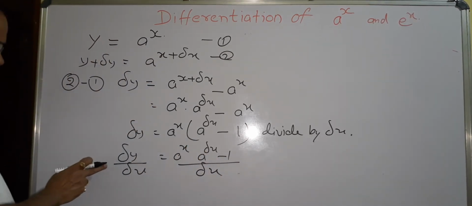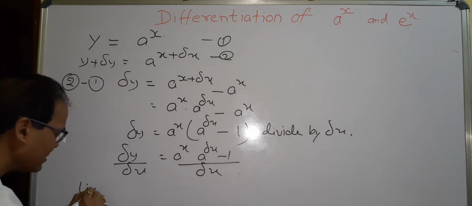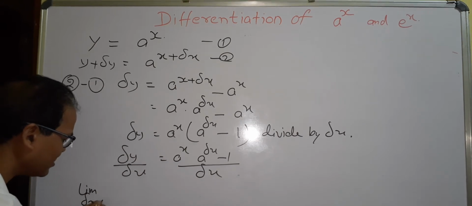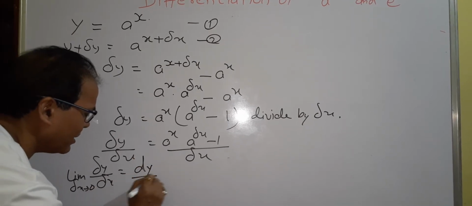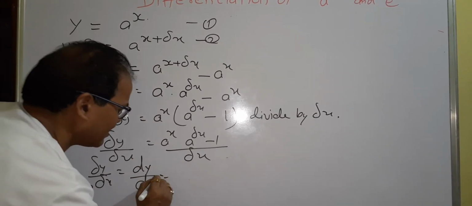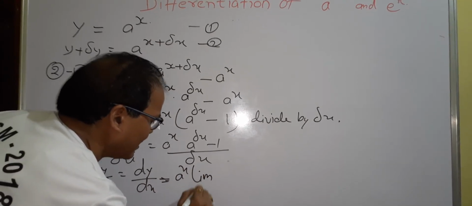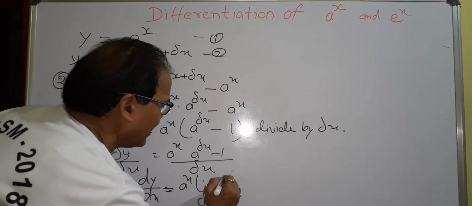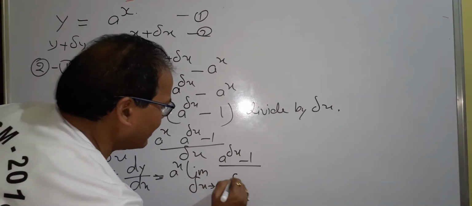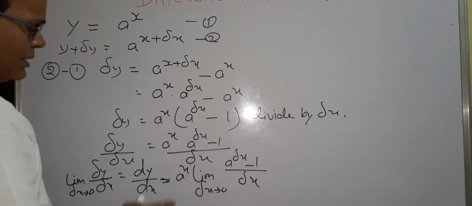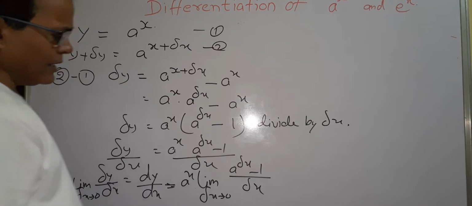Now if we take the limit as delta x tends to 0, delta y by delta x, that is dy by dx, is equal to a to the power x, limit delta x tends to 0, a to the power delta x minus 1 whole divided by delta x.